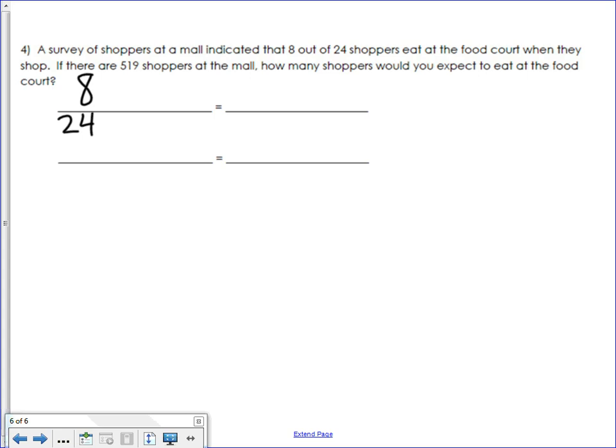Our units are total shoppers and people who eat at the food court. Once again, I'm going to write my labels on both sides.